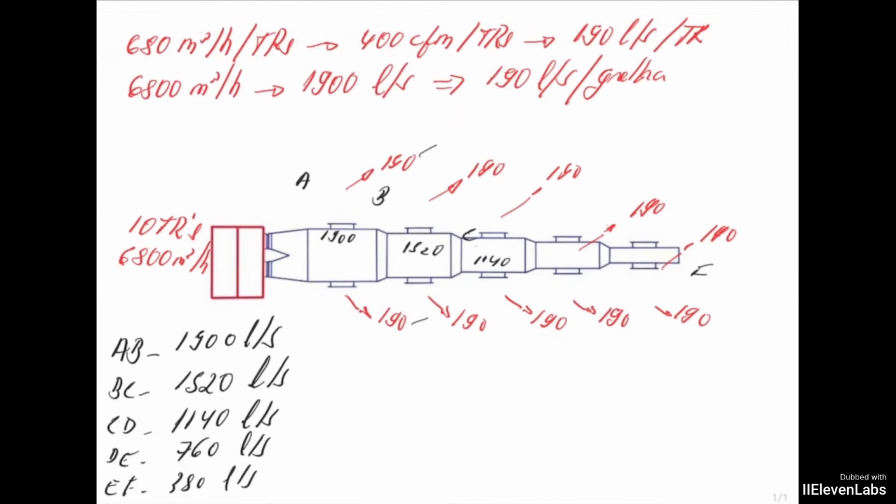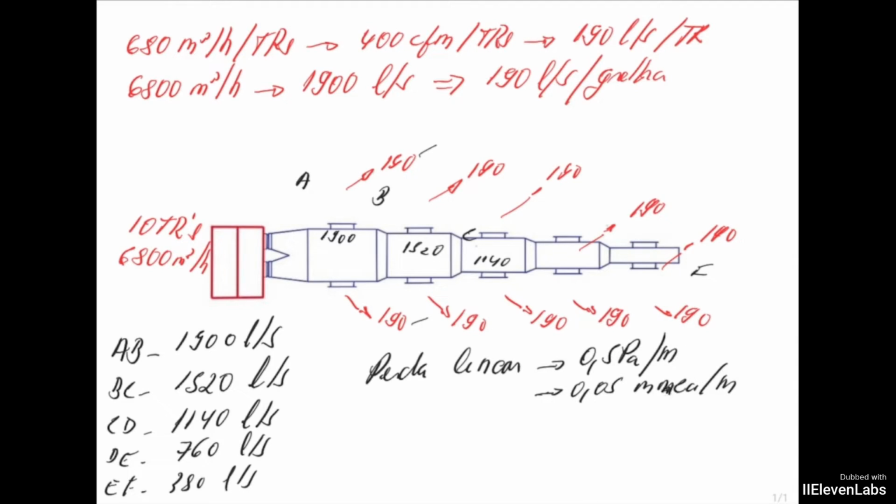Continuing here, it's good to let you know some basic premises, okay? So when we are going to calculate ducts, if we are talking about residential applications, we should work with a linear loss of 0.5 Pascal per meter, equivalent to 0.05 millimeters of water column per meter.